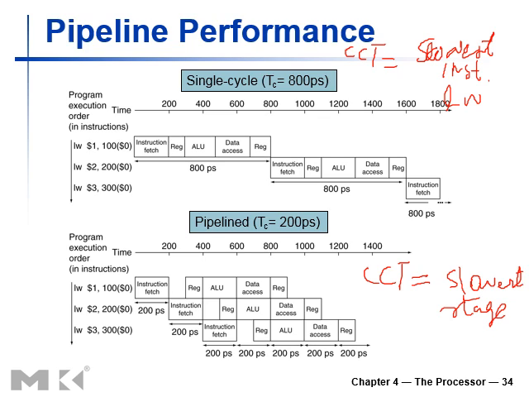In the previous example, the maximum time for any stage was 200 picoseconds. So we have 200 picosecond clock cycle time. But here we've got 800 picosecond clock cycle time.